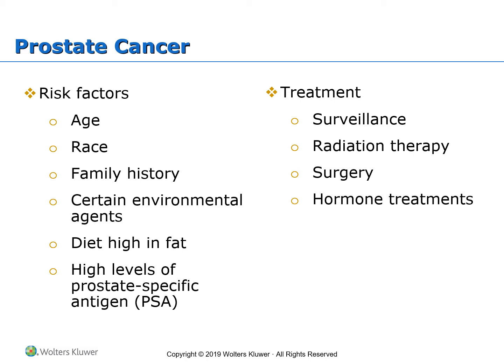However, it can be used in the evaluation of the treatment and evaluating if the patient is going through a recurrence or not. The course of treatment will depend on the age of the patient and definitely the aggressiveness of the cancer. It may range from surveillance to radiation therapy, surgery, or hormone treatments.